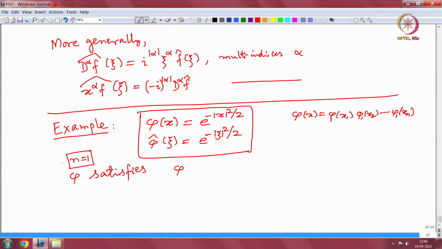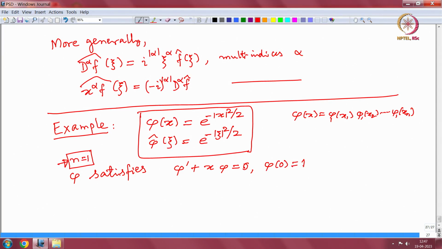So this is sufficient, and the general case follows by writing it like that. For n equal to 1, phi satisfies this ODE: phi prime is minus x phi, and phi of 0 is 1.